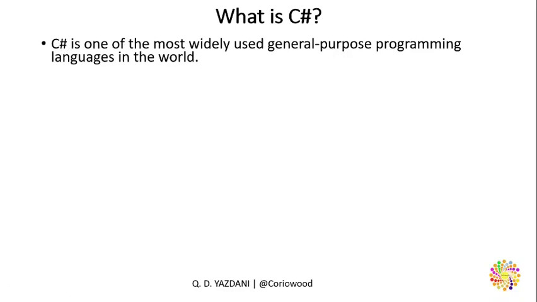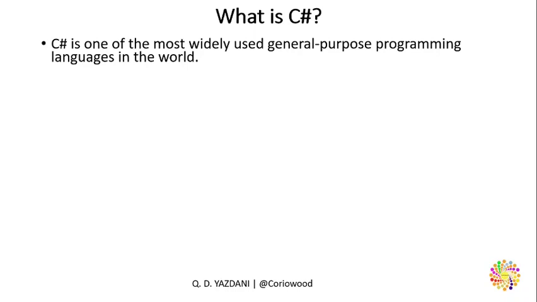We read it as C Sharp, and I'm going to explain to you later on. At the end of this video, you're going to have a very good, sound understanding of C Sharp. You're going to be able to explain what C Sharp is, who created C Sharp, when was the first version of C Sharp, what is the current version of C Sharp, and why we're going to learn C Sharp.